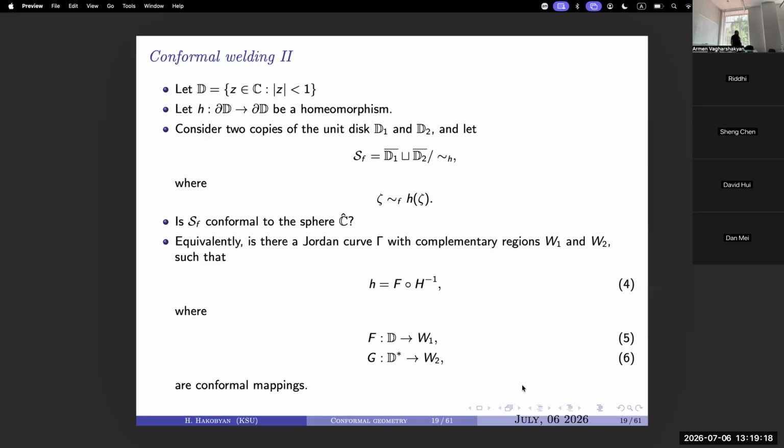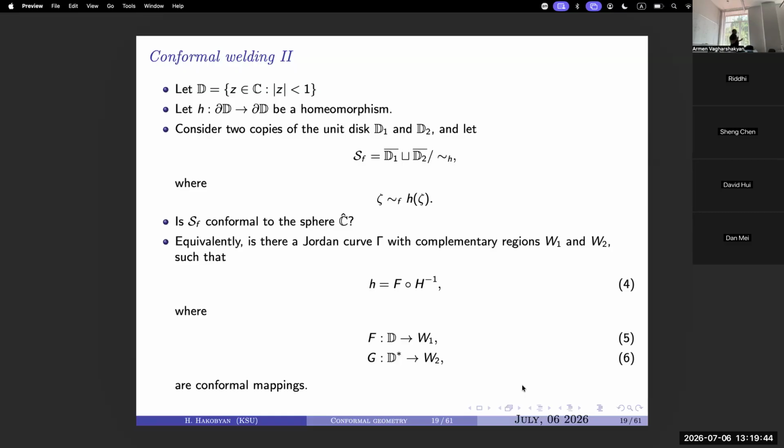Is there a sufficient and necessary condition for welding? Well, that's the million dollar question. I don't know if it's a million, but it's like that. So maybe there is a sufficient but not necessary one. Well, there are definitely sufficient conditions, like quasi-symmetry. Quasi-symmetry is not the weakest; you can have much worse things.